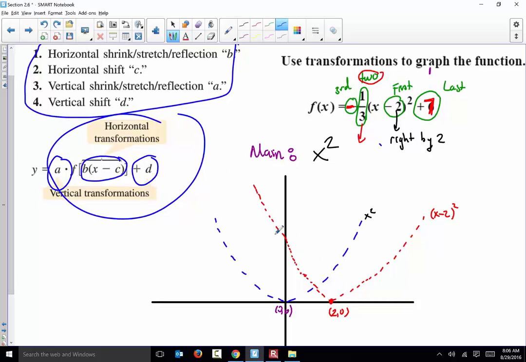Okay? So it's going to get wider. Shrink means get loose. This is too tense, too much pressure. It's stretched, we are gonna get it loose. So I'm going to get it loose like this. Okay, so this is 1 over 3 times x minus 2 squared.